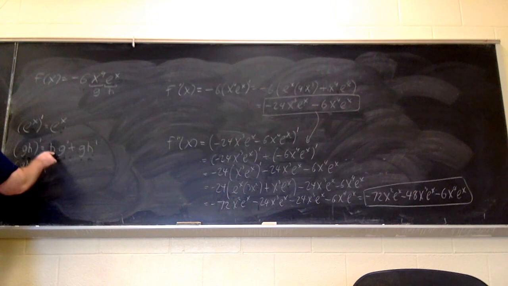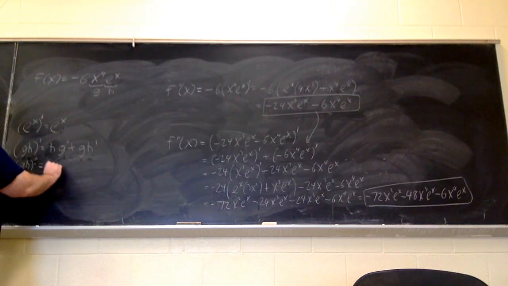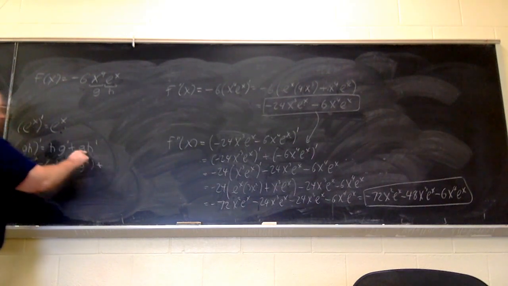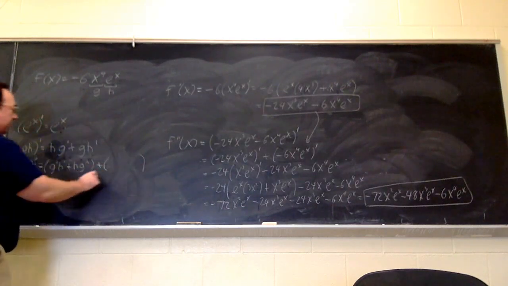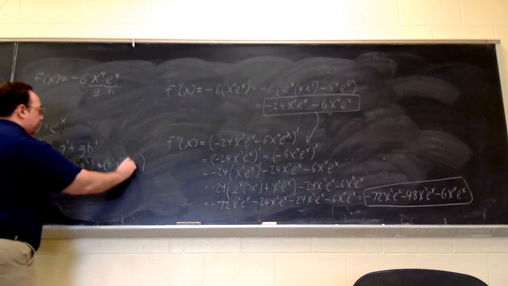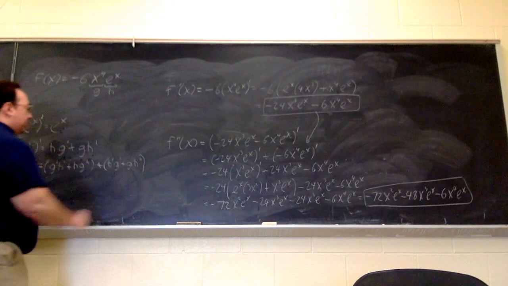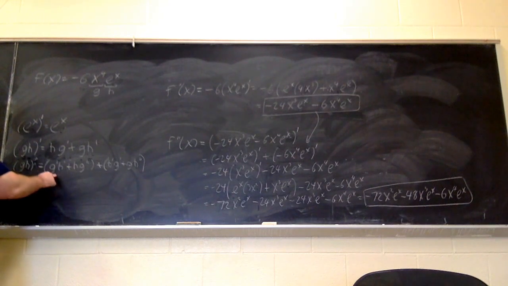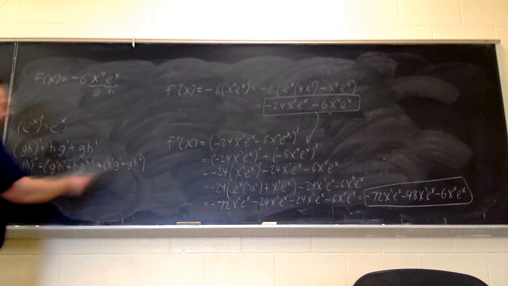So for the first term, I'd have g prime h prime plus h g double prime. And then for the second term, applying the product rule to it, I'd have h prime g prime plus g h double prime. So in each case, I have g prime h prime, and then I have h prime g prime, but they're the same thing.